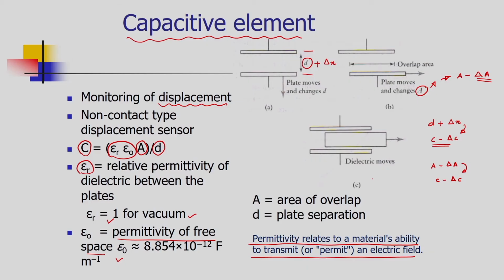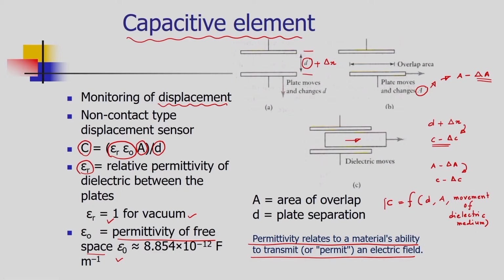The third case in capacitive element may be the movement of the dielectric medium itself. So, as we are moving the dielectric medium as well, we are getting the change in capacitance value. So, the capacitance is a function of separation distance, area of overlap and movement of dielectric medium.